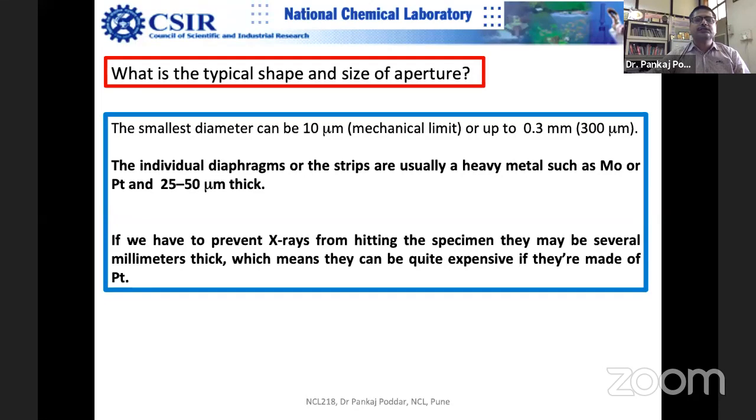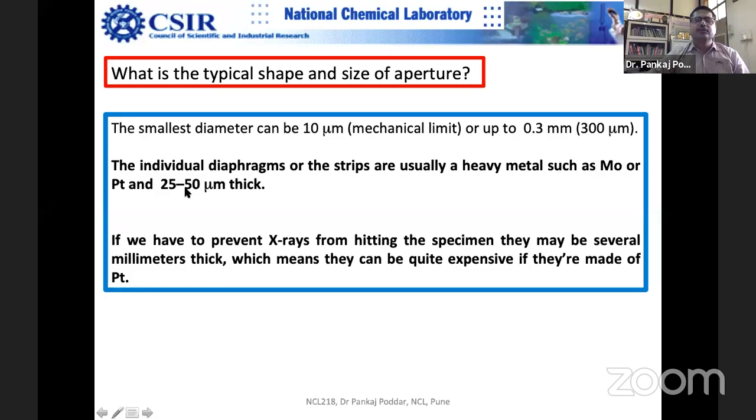So the smallest diameter is a mechanical limit. Usually it is 10 micron, and it can be as big as 300 micron. And usually the strip thickness is again in tenths of micron. It can be thicker.